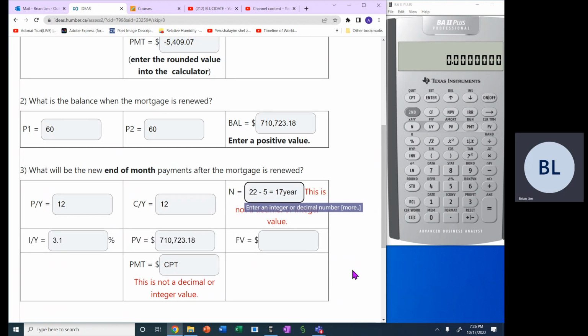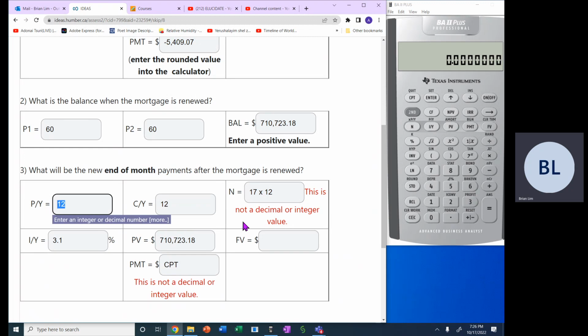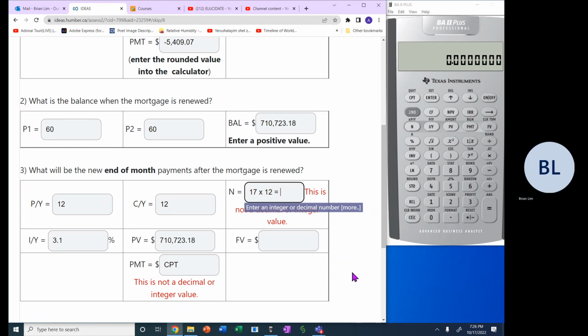That's where it's coming from. Now, I will delete that because the computer definitely will not accept the word years. So there we go. We multiply by this number right here, this PY number. And we will get that number. You just use the calculator.